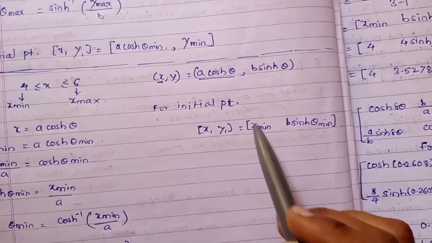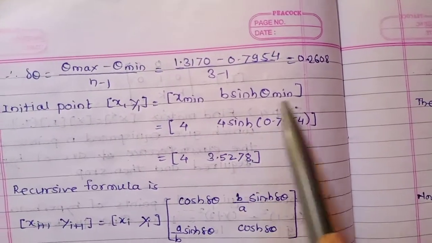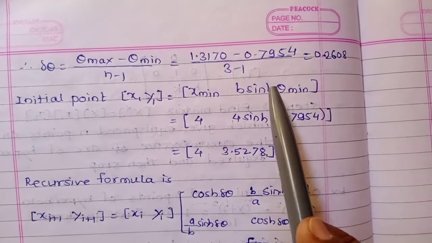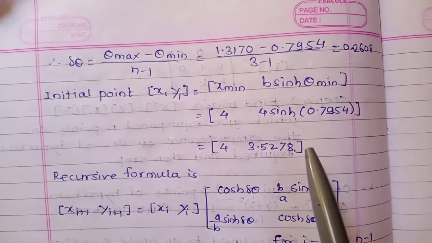So our initial point is x min, b sinh theta min. Put the values we already know, do the calculation, and we get our initial point.